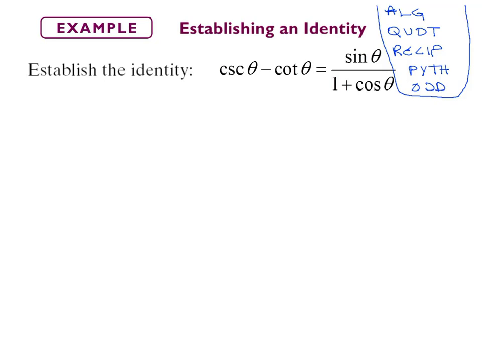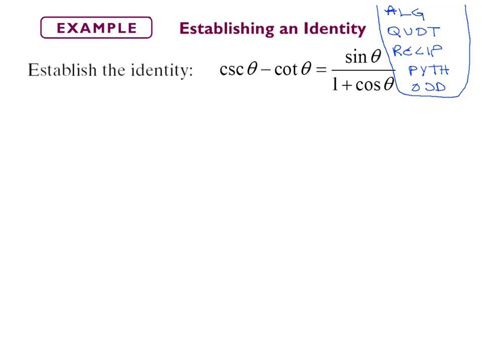Let's see. I left off, I think Rio is next. So Rio, what's the next thing I can do here? Well, the first thing I can do here. Not the next thing. First thing. Good, exactly. I'll change everything to sines and cosines.